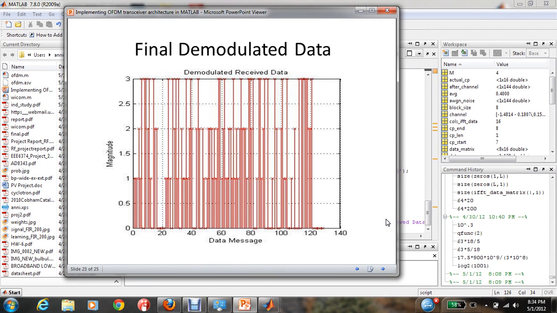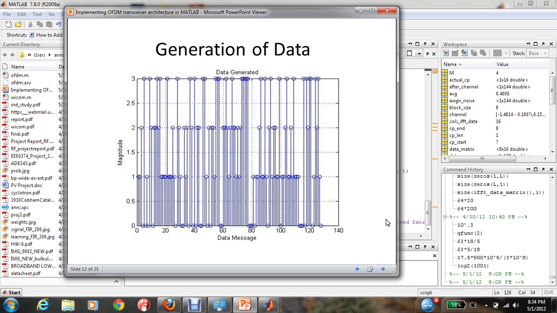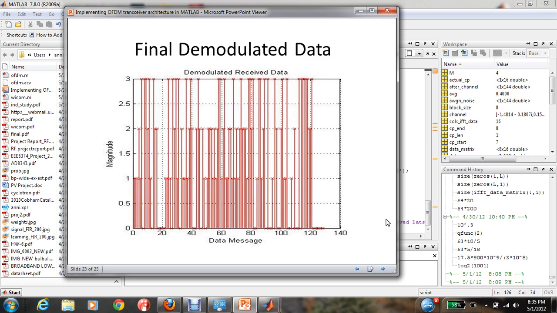If the system had a certain bit error rate and signal to noise ratio requirement, we could have found that out by comparing the entire symbols of the received data with the transmitted data. This was the transmitted data, the data generated, and this is the final received demodulated data.